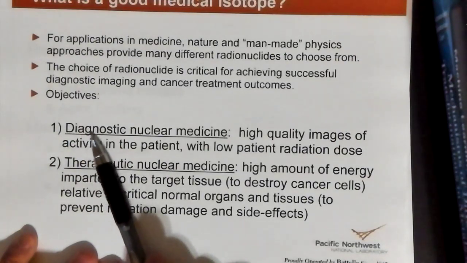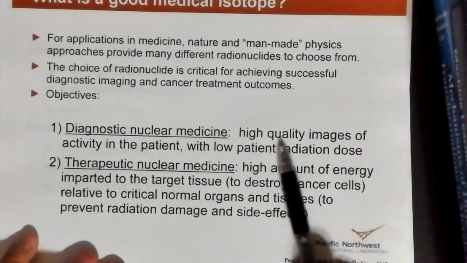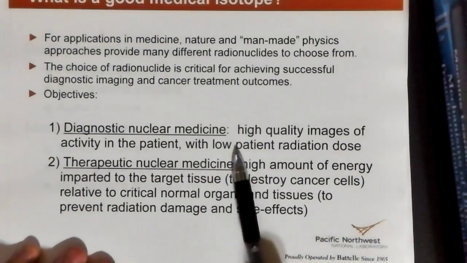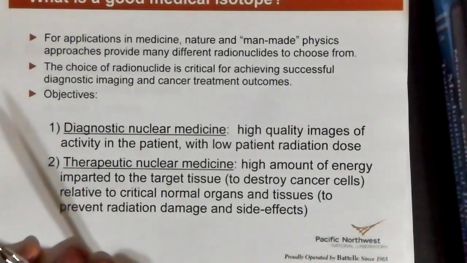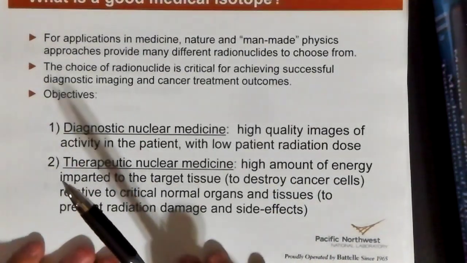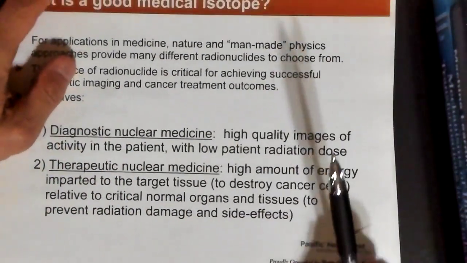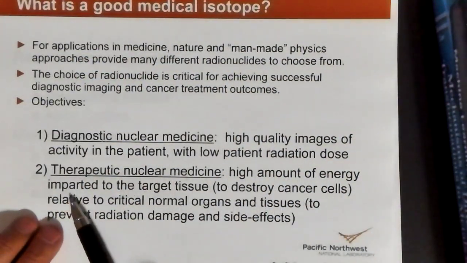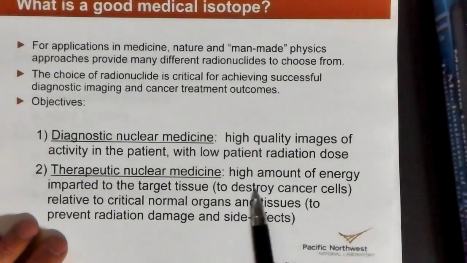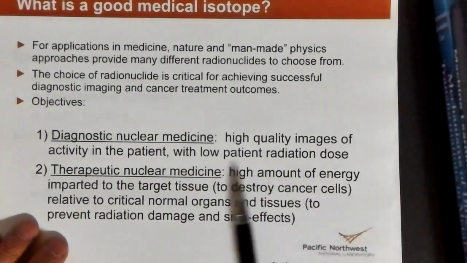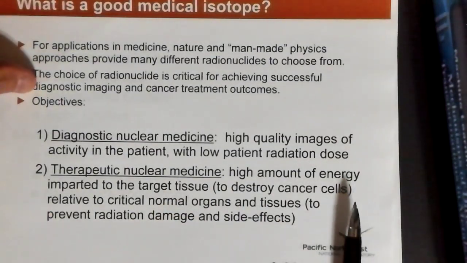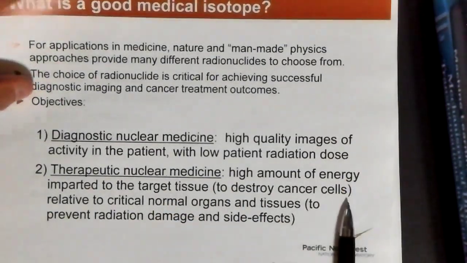Either you're doing diagnostics, you're trying to make high quality images of activity in the patient, and you don't want to have much radiation coming out, you just want to be able to do imaging. Then you can also have therapeutics where you do want a high amount of radiation but localized. So you want to deposit energy that will destroy, for example, cancer tissues, but not other parts of the body.